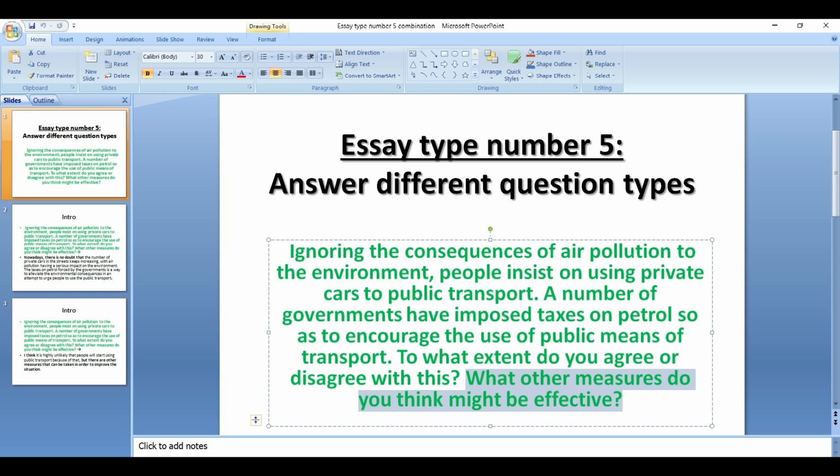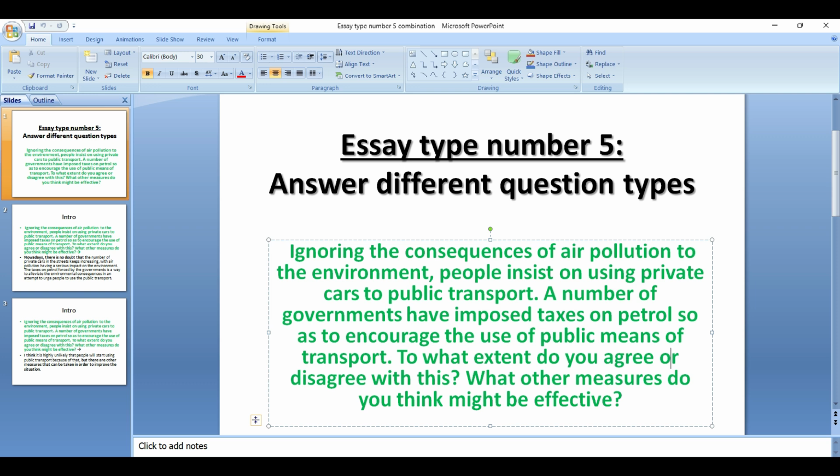And we have both. Also we have a solution from the government included in the topic: a number of governments have imposed taxes on petrol so as to encourage the use of public means of transport. So you have to think of other ideas too. This is for your main body though.